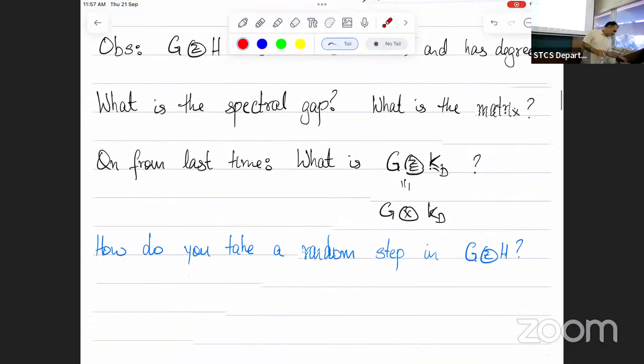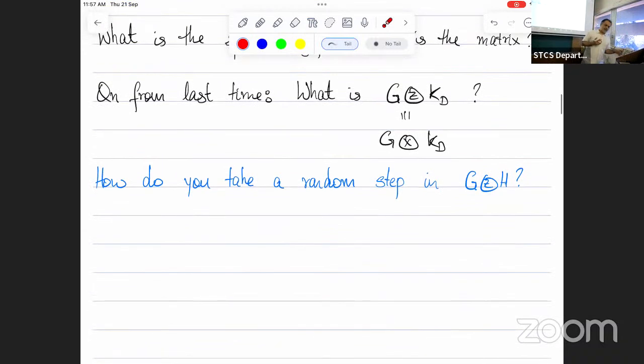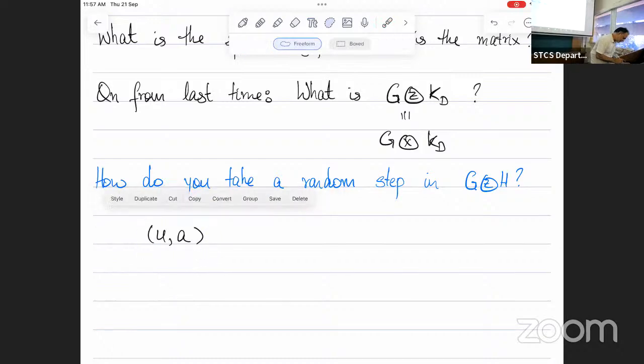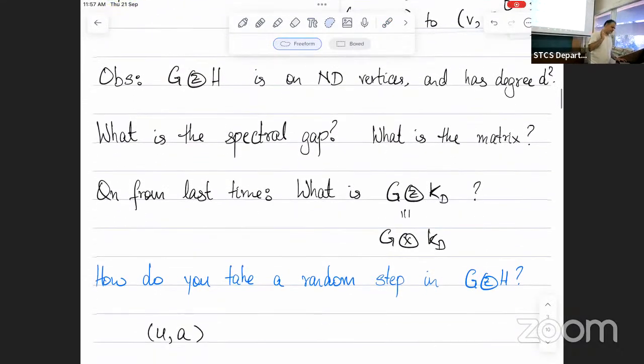Now what I want to get a sense of is, if I wanted to take a random step inside the zigzag product, how would I go about doing this? I'm trying to build the matrix that corresponds to the zigzag product, so I'm trying to decompose it into parts. So now you're back to H, not K_D. I'm sorry, in general you're dealing with G zigzag H, where H is some arbitrary graph that is compatible.